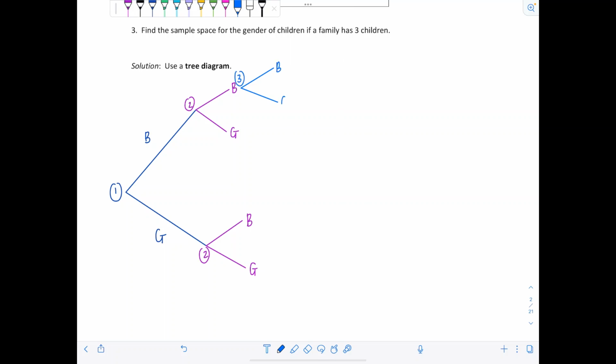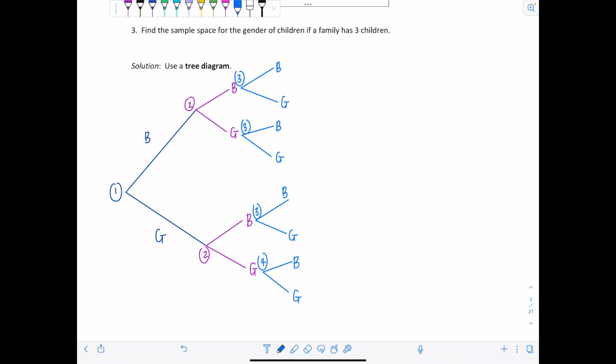So here's a boy or a girl, a boy or a girl, baby number 3, a boy or a girl, boy or girl. Okay, so you don't have to put the numbers. I'm just showing you what each of the branches on the tree represents, okay?